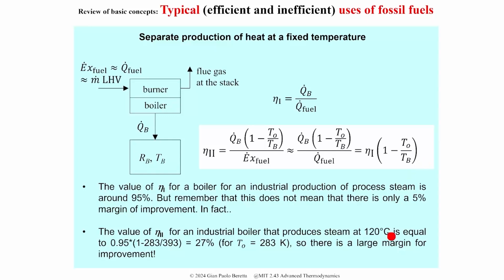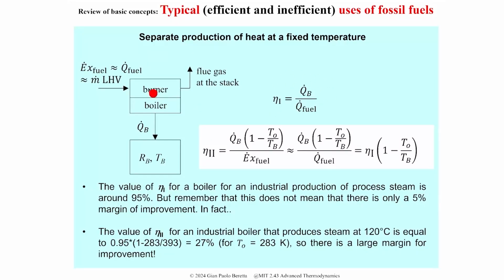So for example, if you want to produce steam at 120 degrees in an environment at 283, you compute, and you have a boiler that consumes, for example, natural gas, and it is 95% first law efficient, so eta 1 is 95%.